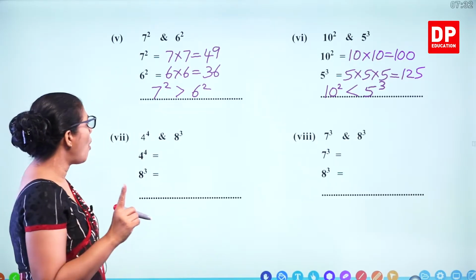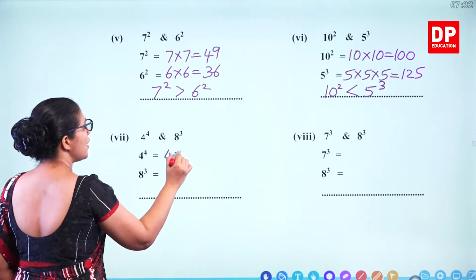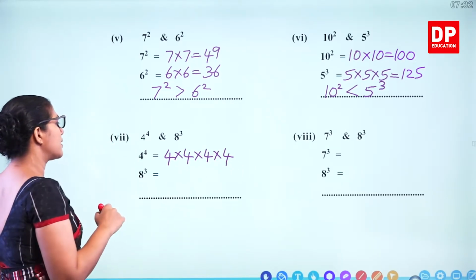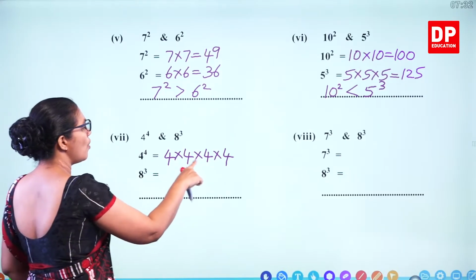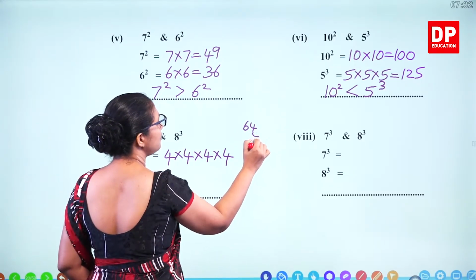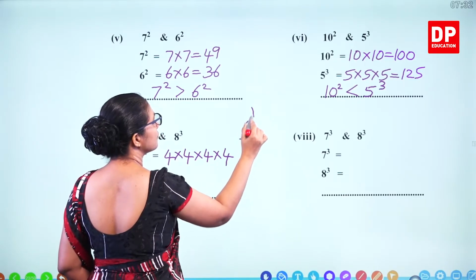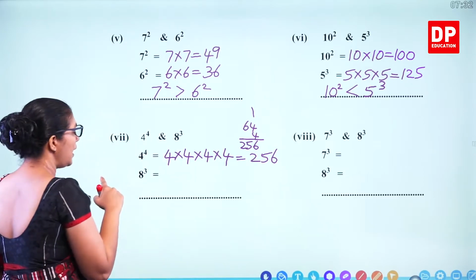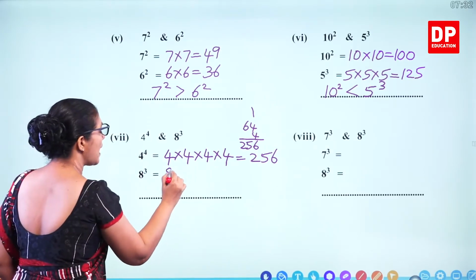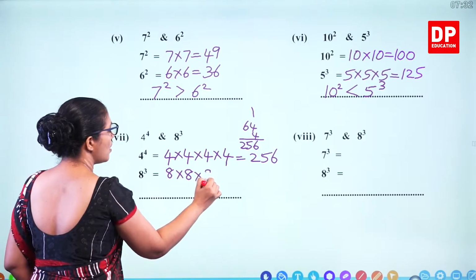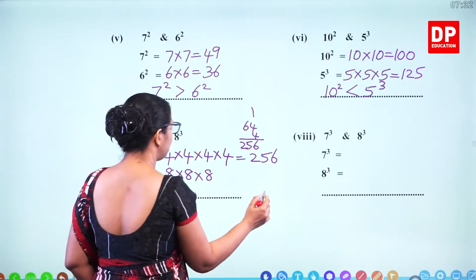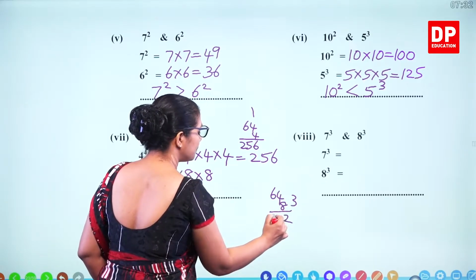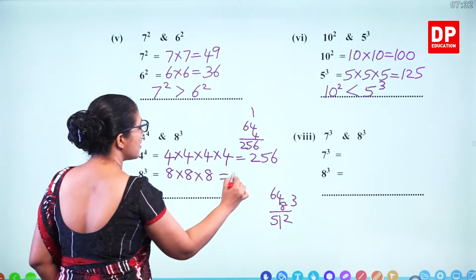4 to the power 4 or 8 to the power 3. 4 into 4 into 4 into 4. You get 64 times 4. 256. 8 to the power 3. 8 times 8. 64. 64 times 8 now. 512.